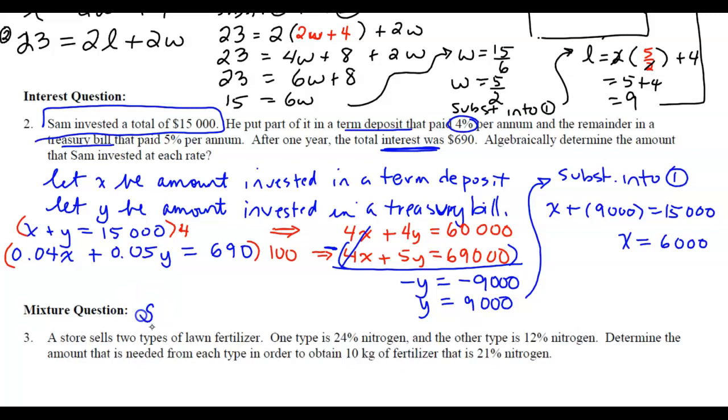So Sam invested 6,000 in a term deposit and 9,000 in, sometimes they're called T-bills. So I'm just going to abbreviate with a capital T, bills, because I'm running out of space.